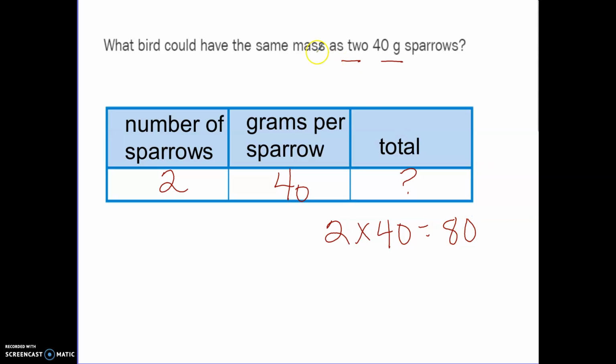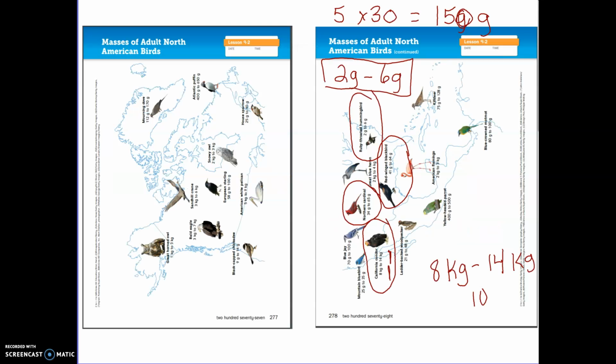Then we've got to go back to our poster and find a bird that is about 80 grams. Okay? There are a few choices for this one. It could be the European starling. Where is that guy at? It's got to be here somewhere.